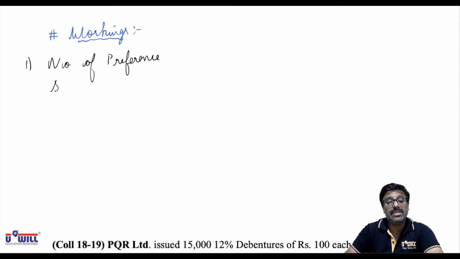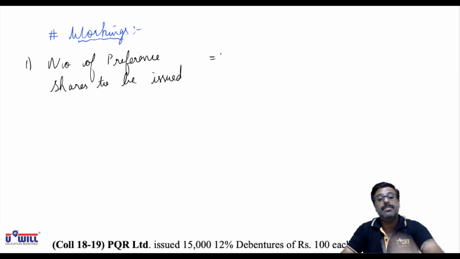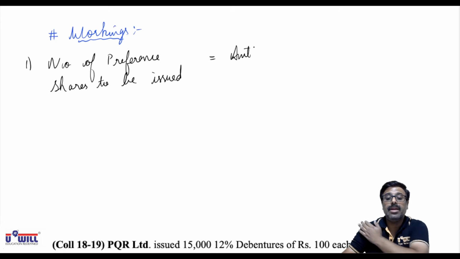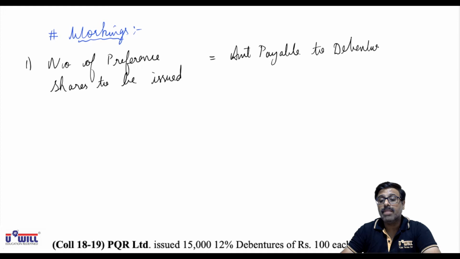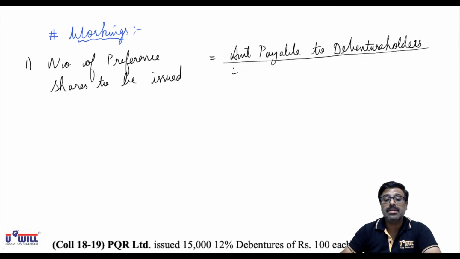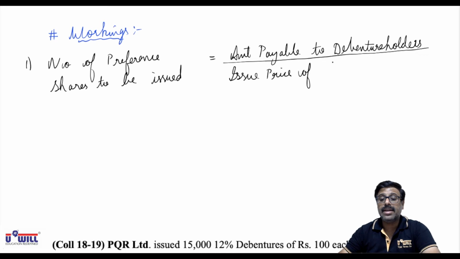So number of preference shares to be issued is equal to, as we did the formula in conversion of equity shares yesterday, the same formula: amount payable to debenture holders divided by issue price of preference shares.